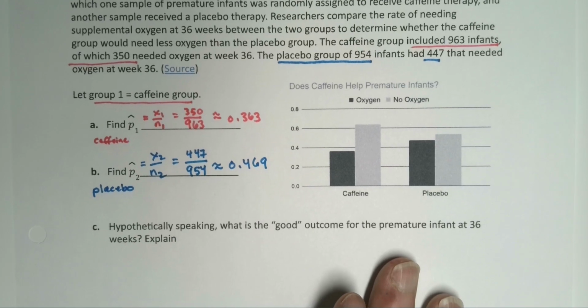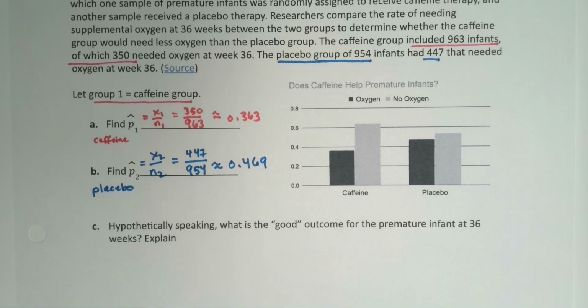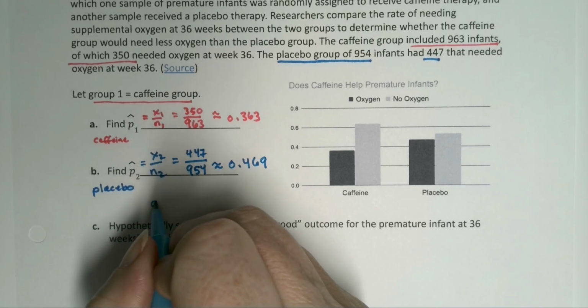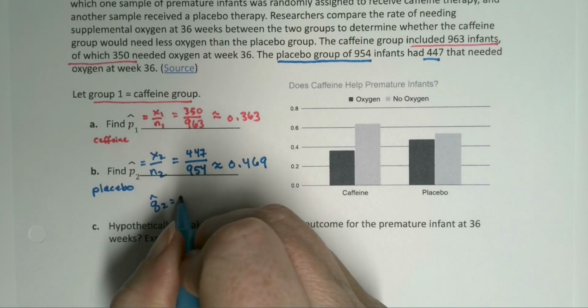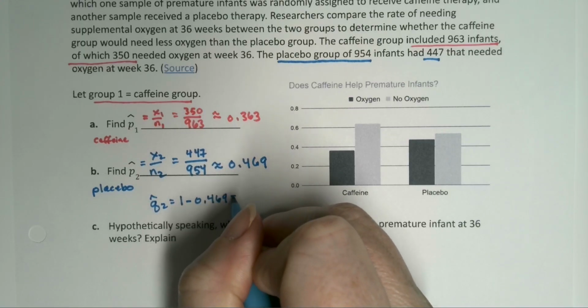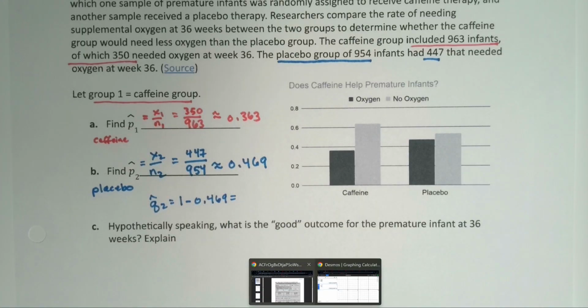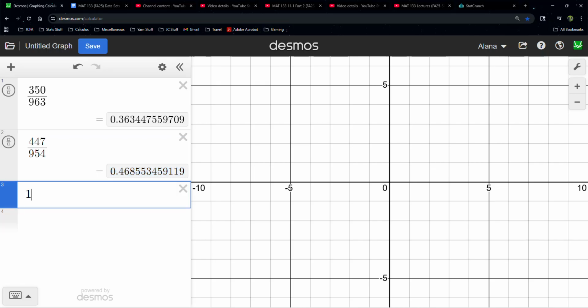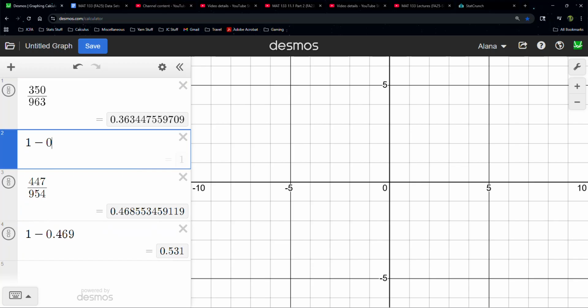Now it didn't ask for it, but let's go ahead and find our q hats as well, because we're going to need them down below. So q hat for group 2, remember, is 1 minus the p hat. So that's 1 minus 0.469. So let me find what that is. So 1 minus 0.469 would be that, and 1 minus 0.363 would be 0.637.